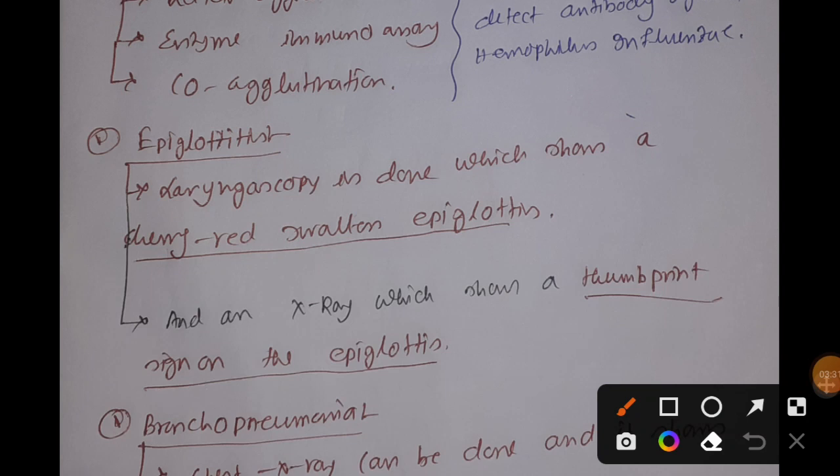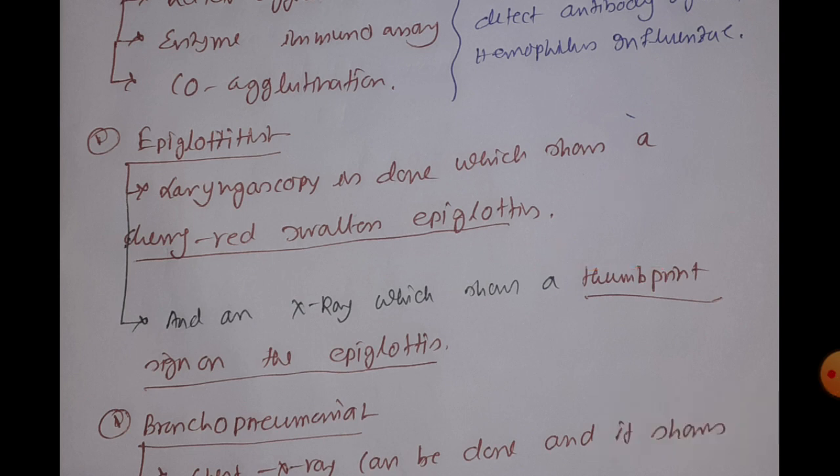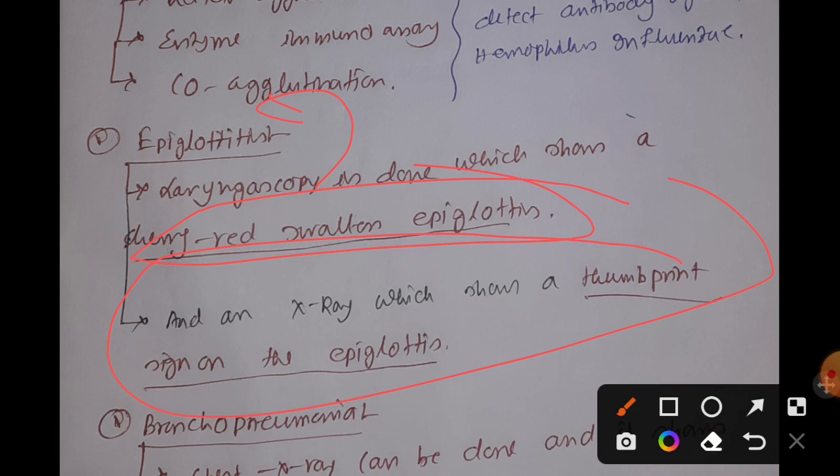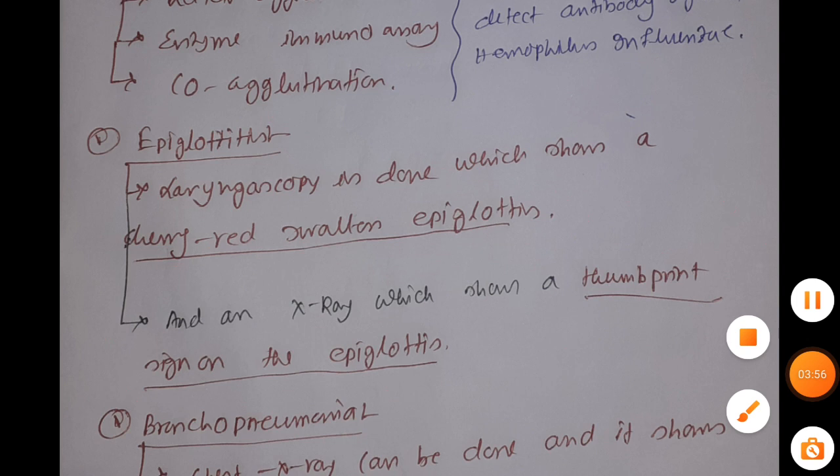So if we suspect that epiglottitis has occurred due to Haemophilus influenzae, then we can perform laryngoscopy. If we get a view of a cherry red swollen epiglottis, then we can conclude that yes, epiglottitis has occurred. You can also perform an X-ray, which will show a thumbprint sign of the epiglottis.